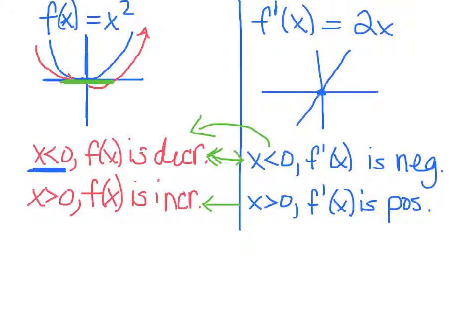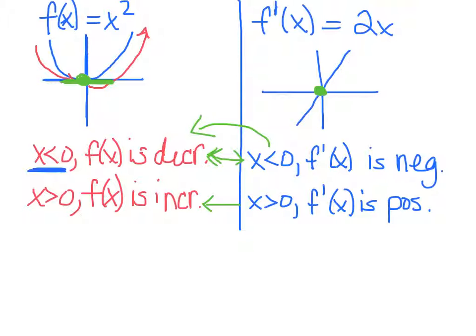Notice what happens though. When we have a horizontal tangent in the function, look at what's happening at the derivative. The derivative is hitting the x-axis at that same exact x value.